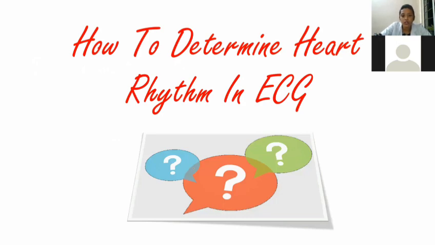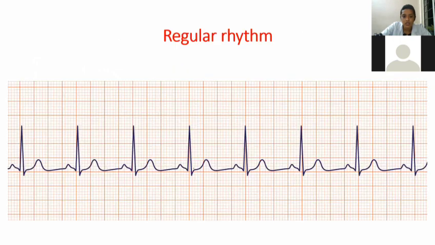Next we are going to see how to determine a heart rhythm in ECG. Here you can see a regular rhythm. By seeing it, we can say it is regular. How? Because each waveform is in its place.